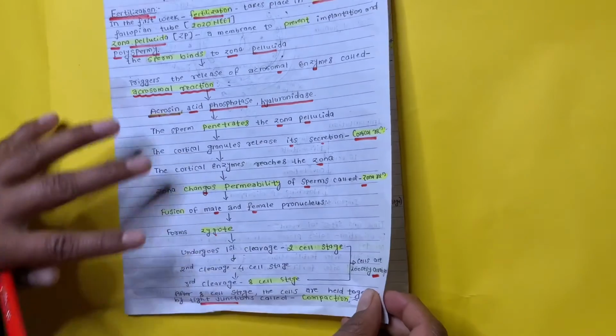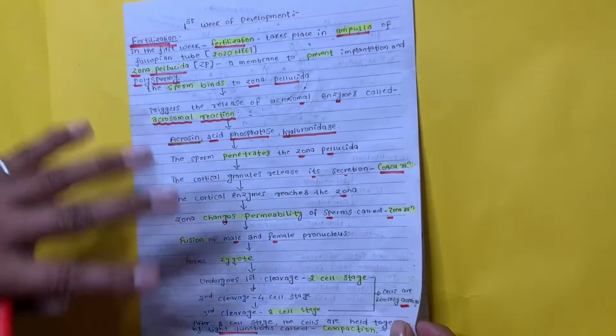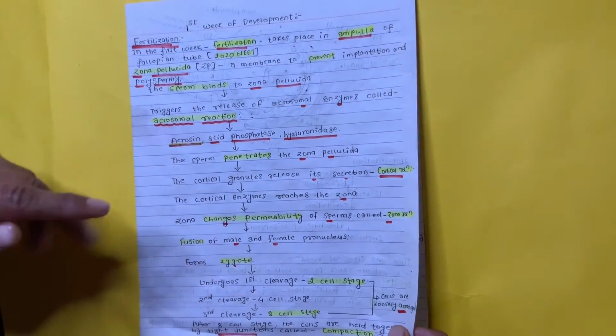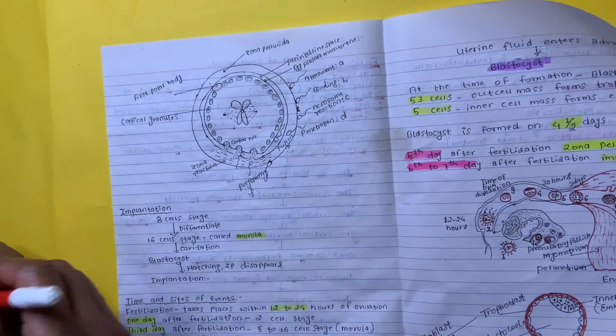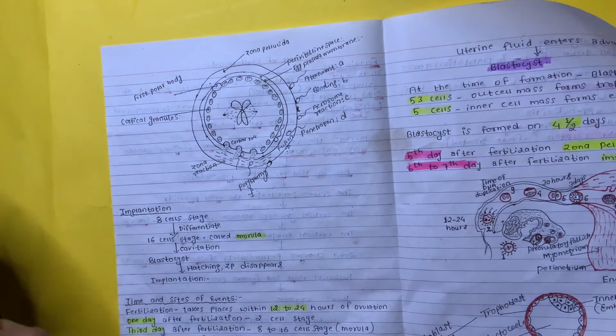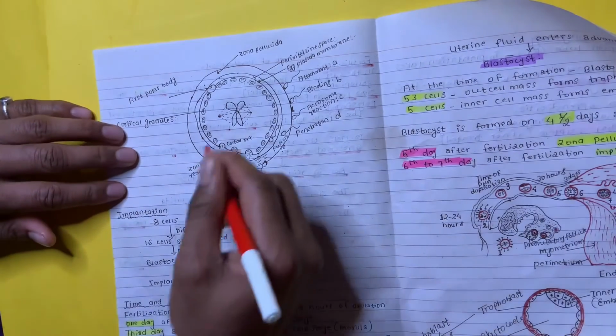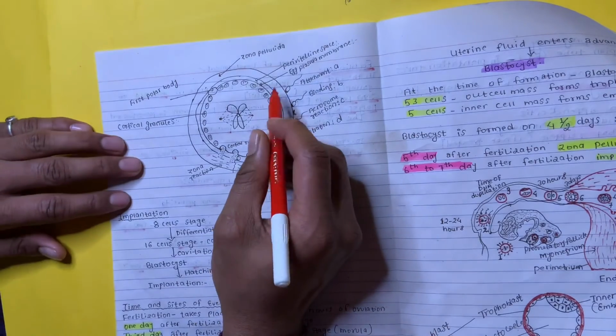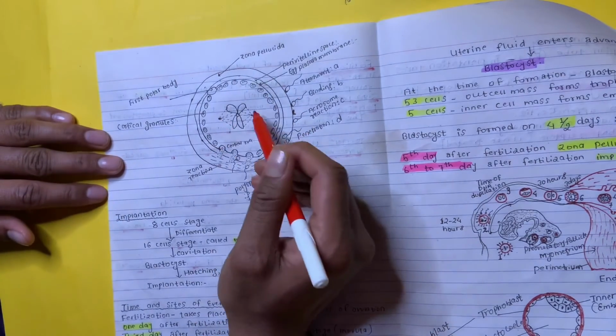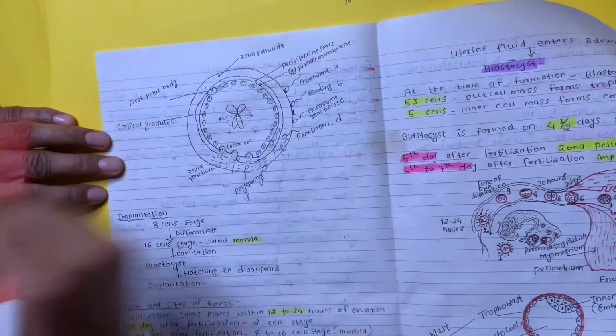Now let's talk about fertilization in a diagrammatic way. So far we have discussed the sequence, and now we are going to discuss the same thing diagrammatically. Let's look at the structure of the ovum.